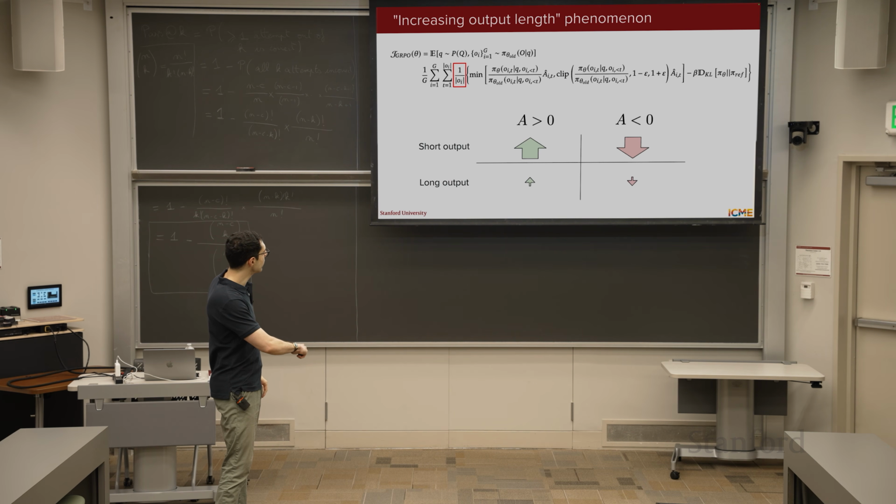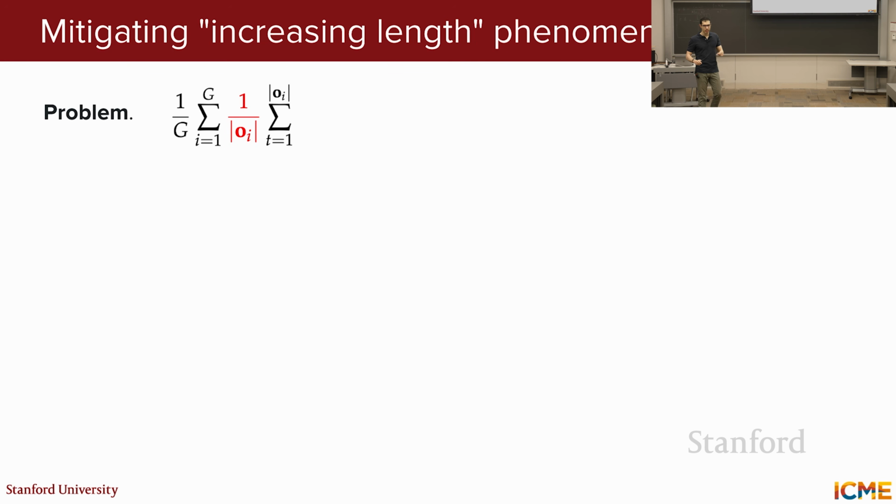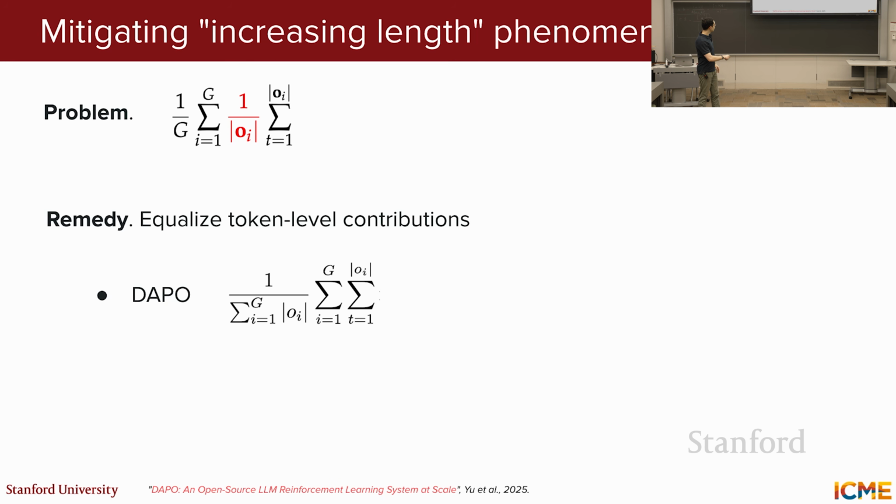So what people did was do something about this 1 over length of O. There is one paper that came out in March, DAPO, quite a popular paper now, that equalizes these token-level contributions, so the normalization factor is now common to all tokens.